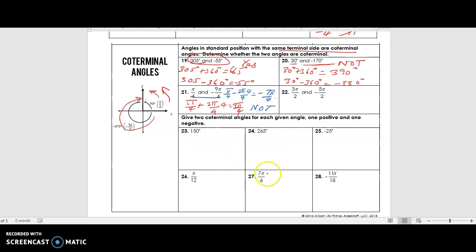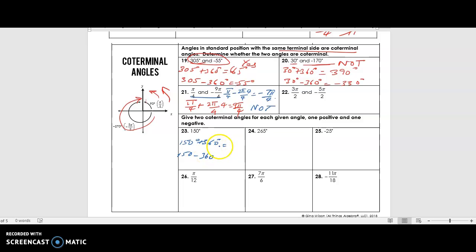So in this particular section, he's saying give two coterminal angles, where one of them is positive and the other negative. Same thing like how we did here, we need to find them by adding 360 and subtracting 360.